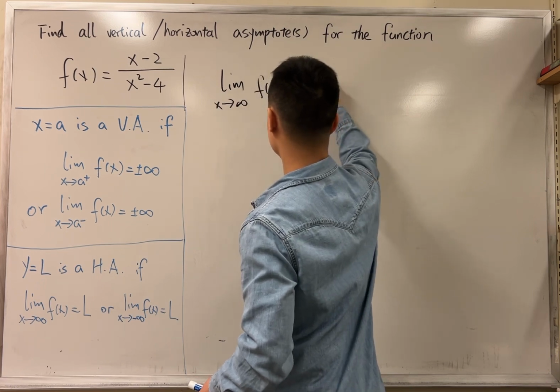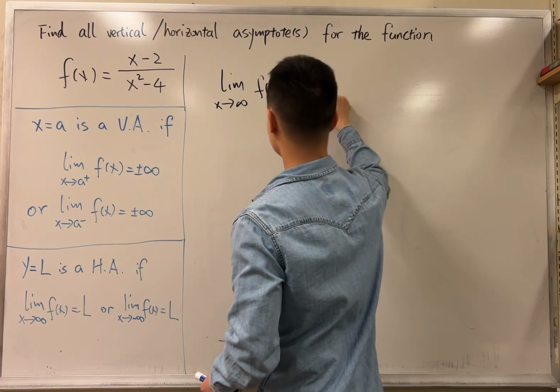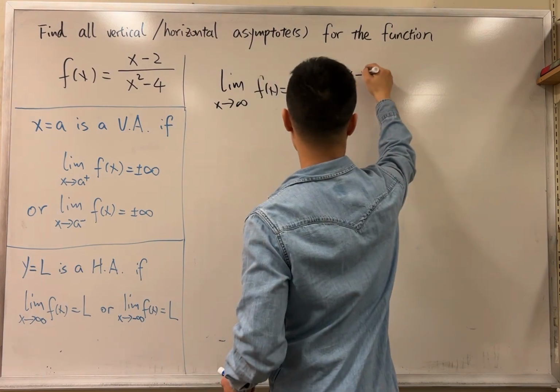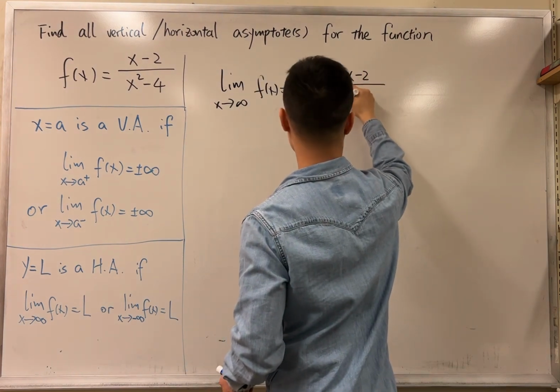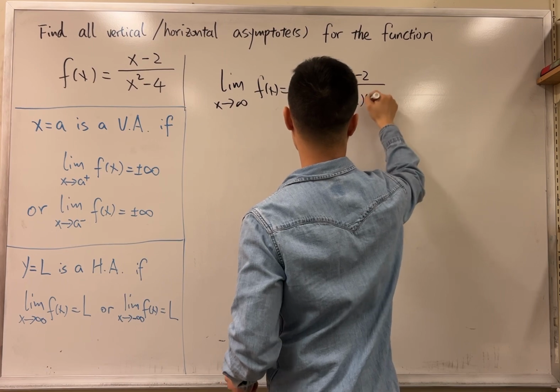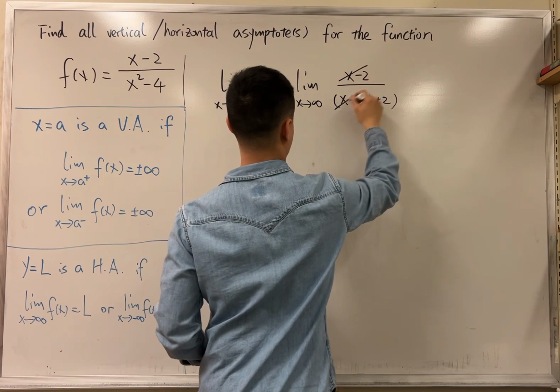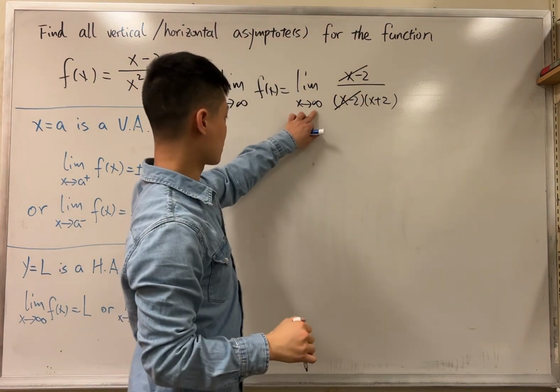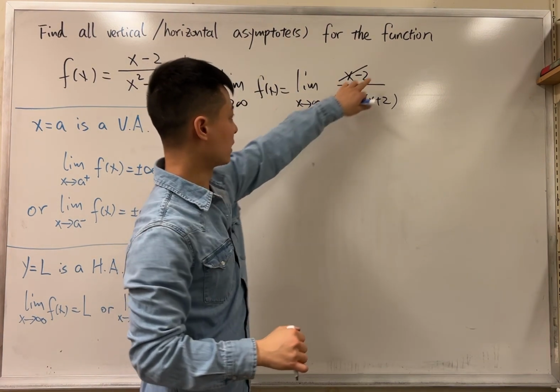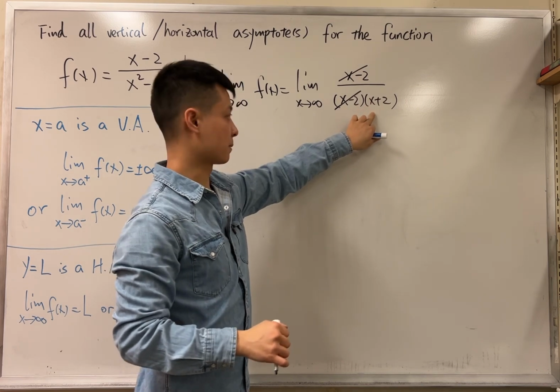That's going to lead us to x minus 2 on top, and then x minus 2, x plus 2 on the bottom. After we cancel, we have the limit as x approaches infinity of 1 over x plus 2.